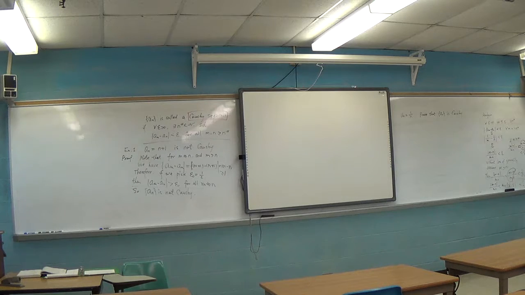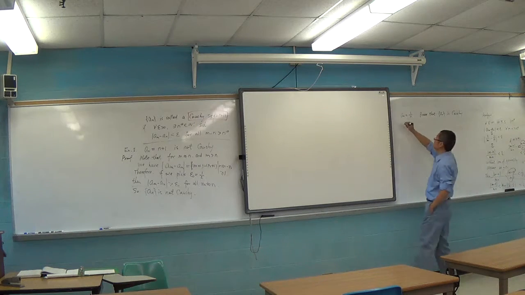For any epsilon, if 1 over n is less than epsilon, it means n should be greater than 1 over epsilon. If 1 over m is less than epsilon, it means m is greater than 1 over epsilon. Now, we take N star to be an integer greater than this number. Then whenever m and n are greater than this one, this is always true.